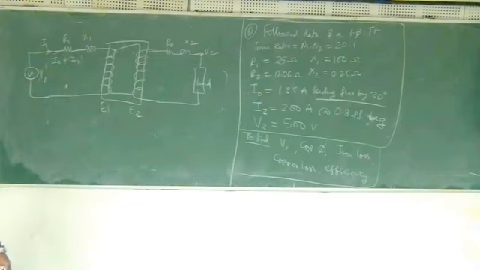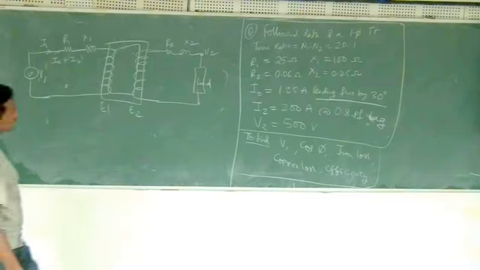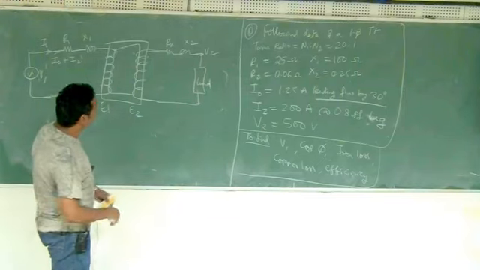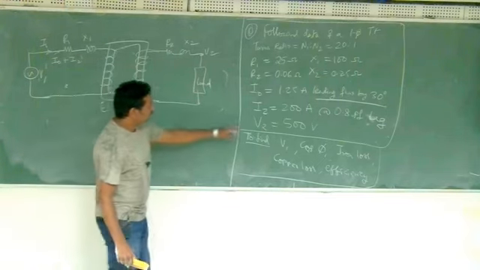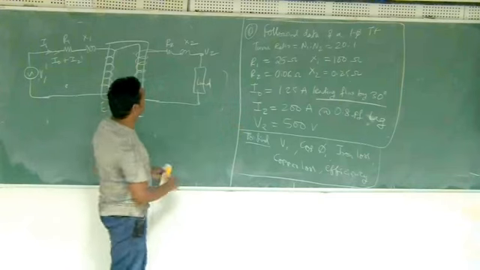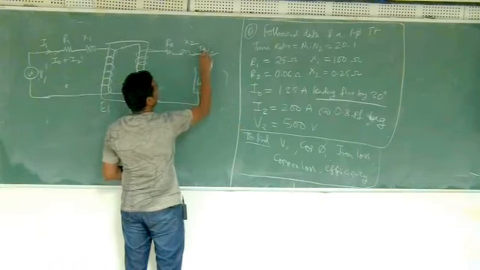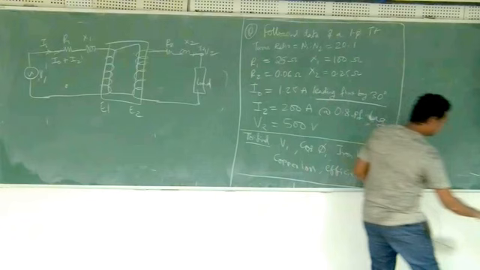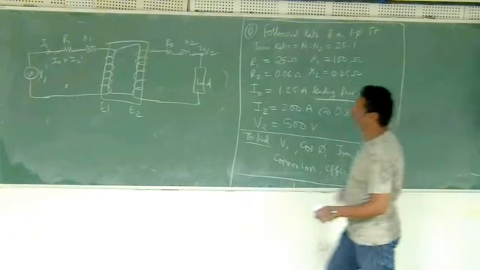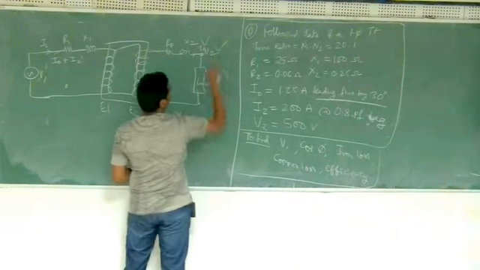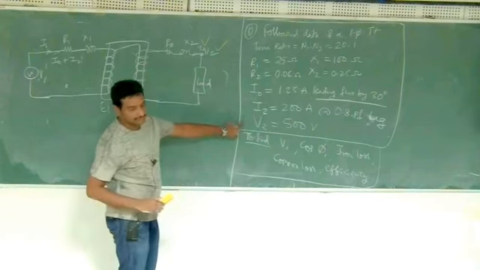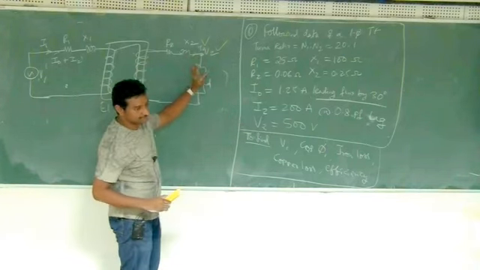What you have to do first, just stop noting down, just look here. How do you solve it? V2 and I2 are known. And the power factor between them you also know.